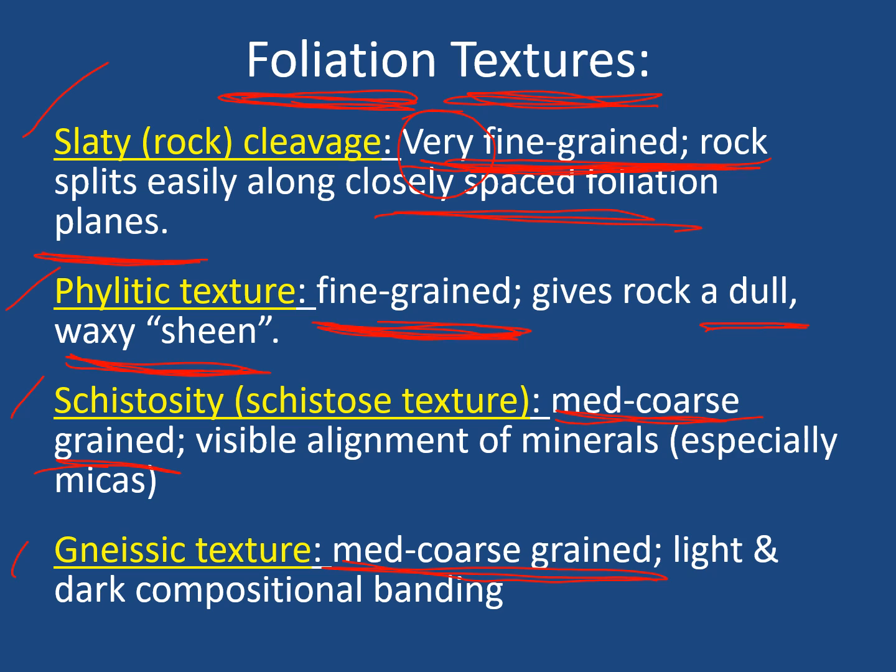The main difference is that in a schist, which has the characteristic of a schistose texture, or we can also say schistosity, we can see visible alignment of the minerals, as I'll show you in a minute, but we don't necessarily see any light and dark banding in the rock. Whereas when we have a rock with a gneissic texture, we absolutely see light and dark compositional banding.